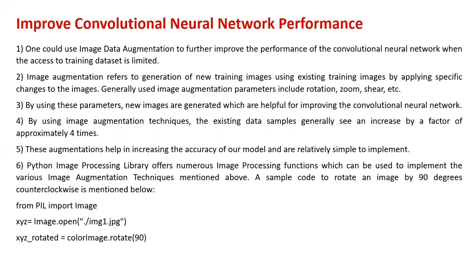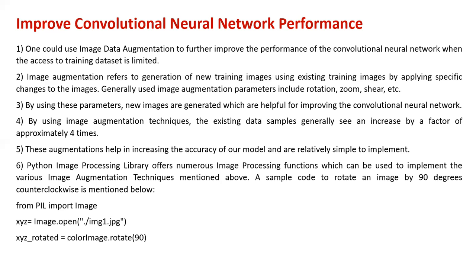A sample code to rotate an image by 90 degrees counterclockwise is mentioned below. So this is the code which rotates an image counterclockwise. XYZ equals image.open, img1 is the first image, and XYZ rotated color image rotate 90.